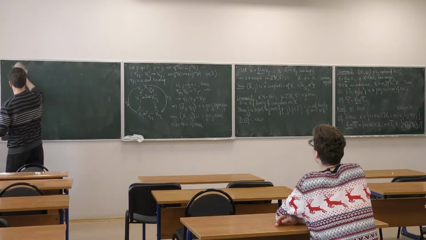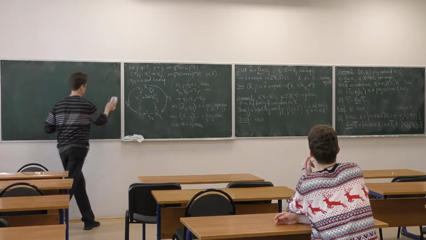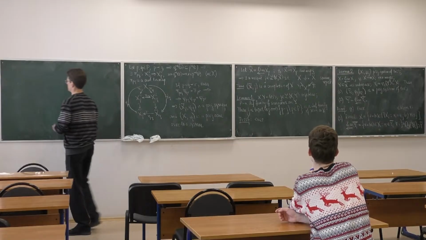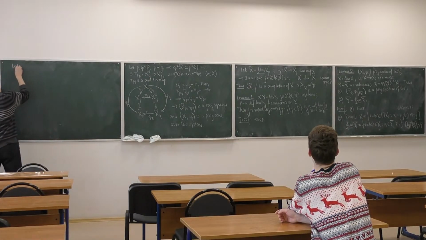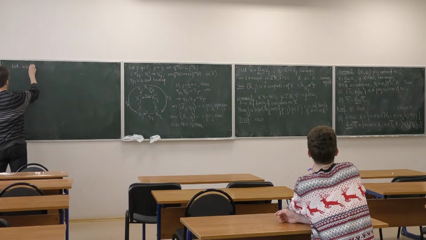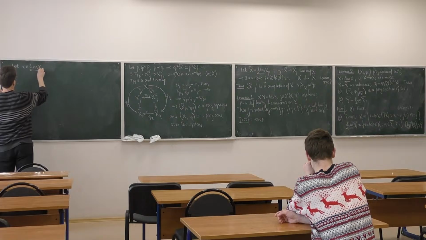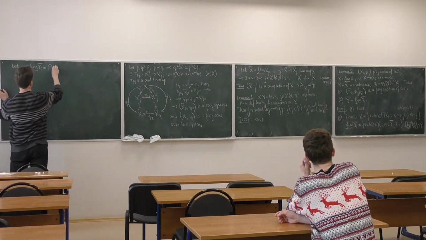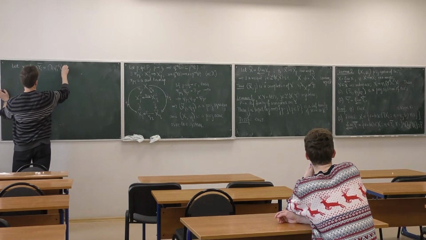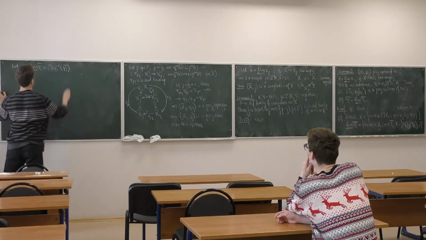Well, let's take an element in the projective limit, say x belongs to the projective limit of the closures of Y_i. So we identified it with the intersection of the preimages of the closures of Y_i.